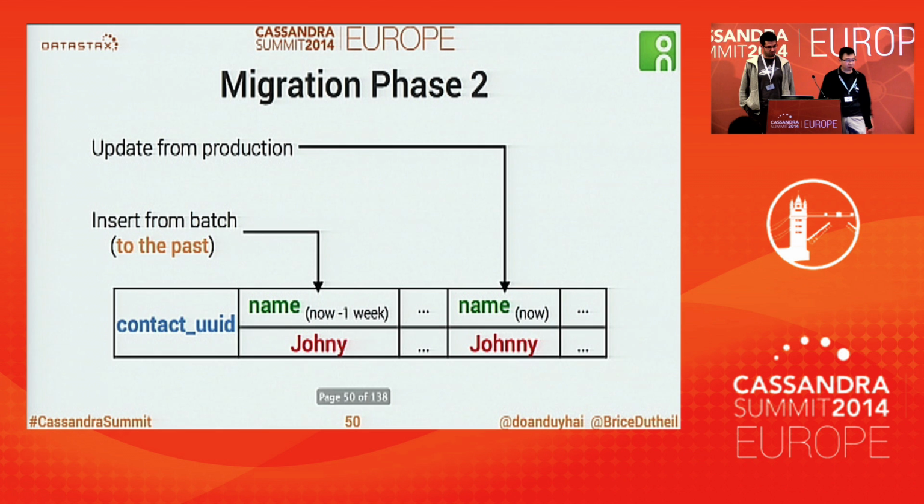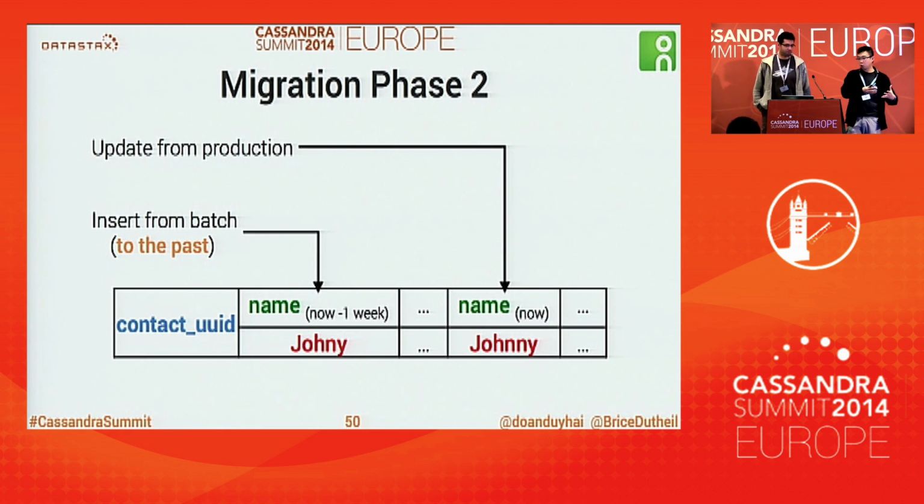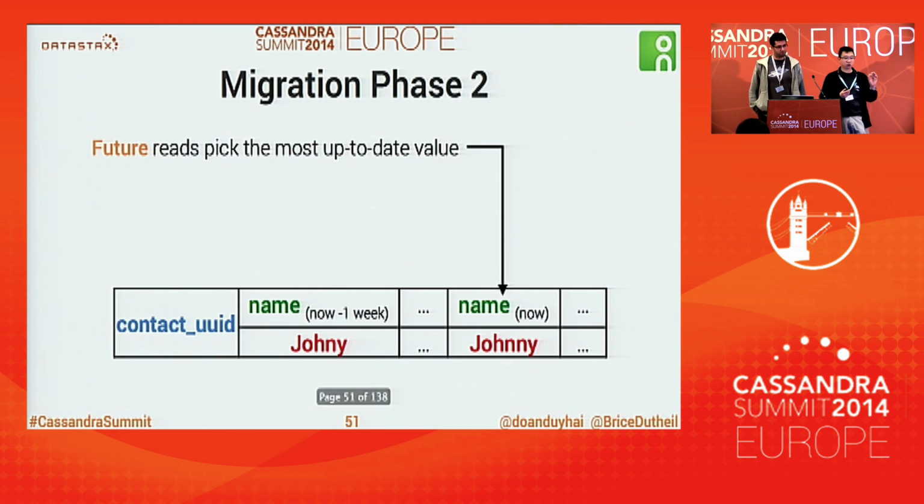Let's take an example here. I have a contact with the name Johnny, which has a typo. The migration batch is inserting this name with a timestamp in the past, okay? And at the same time, the user is updating this name to fix the typo. The update coming from live production, we save it with the current timestamp, because we want future reads to pick the most up-to-date value, of course.